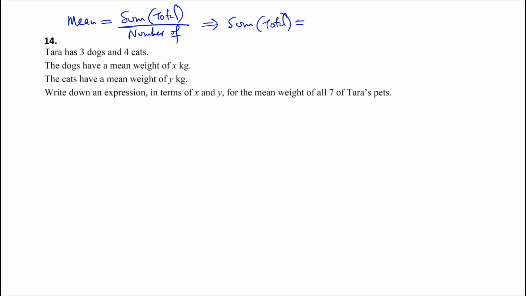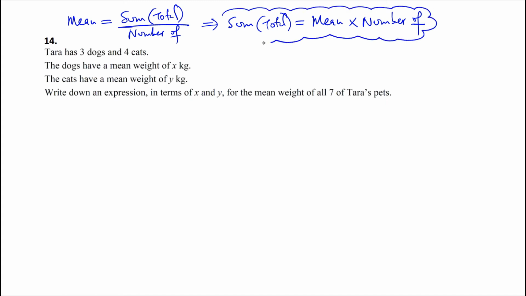So the opposite of dividing is multiplying. So basically the total will be equal to the mean multiplied by the number of scores. So basically this is the formula that I plan to use in solving this problem.